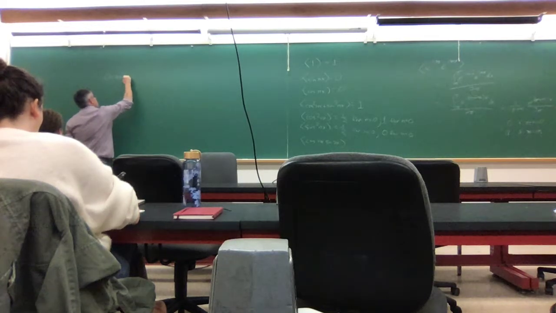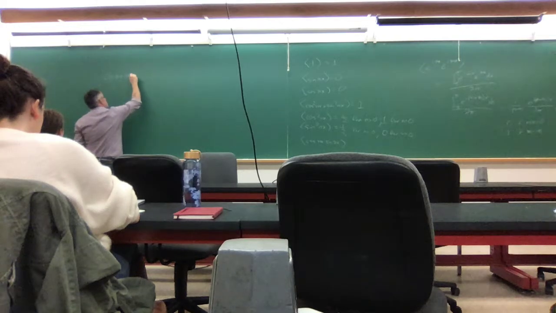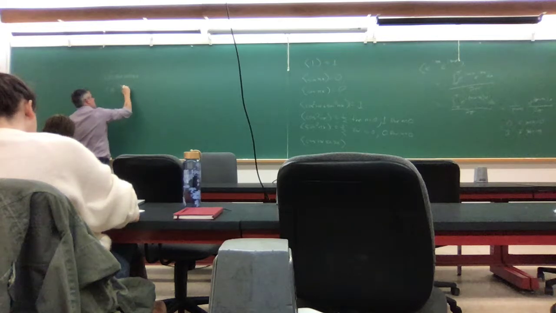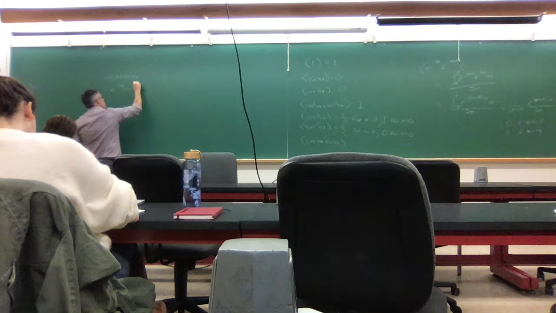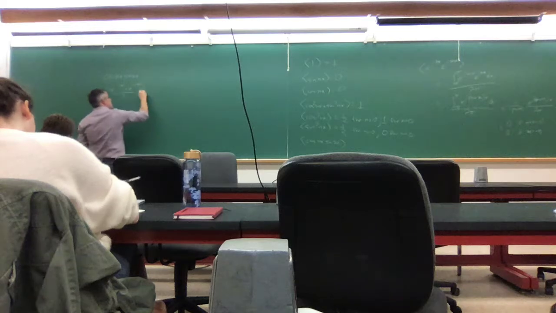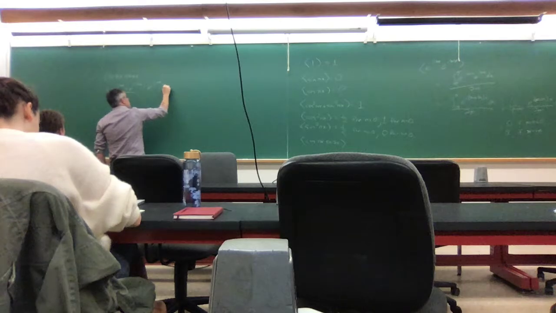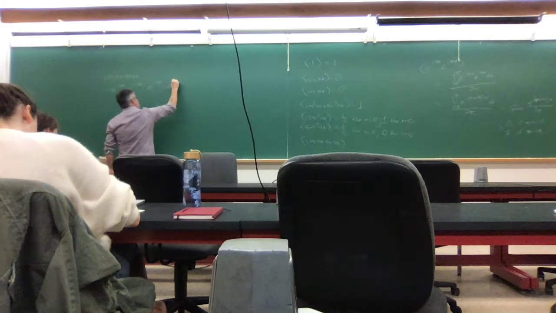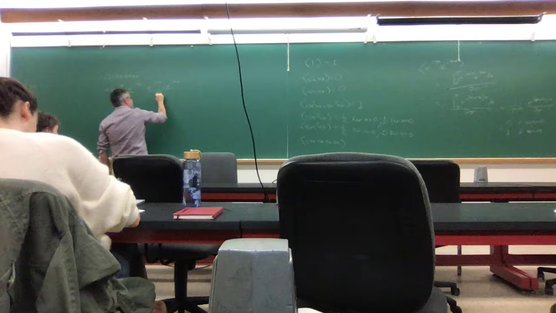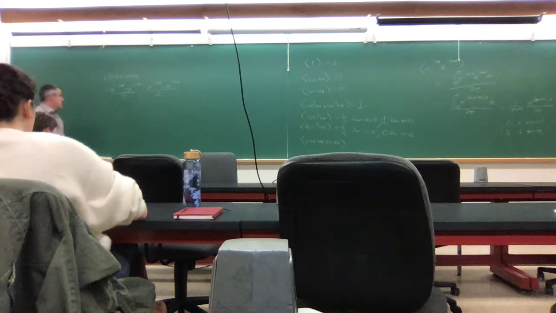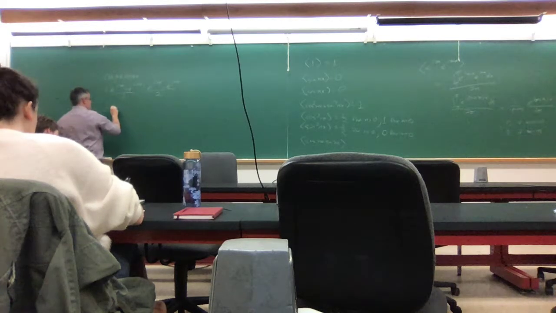Cosine nx sine nx is equal to what? e^(inx) plus e^(-inx) over 2 times e^(inx) minus e^(-inx) over 2i, right? So, bing bing, e^(2inx) over 4i.